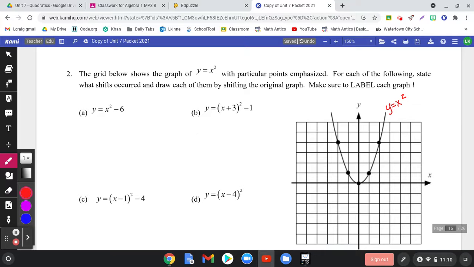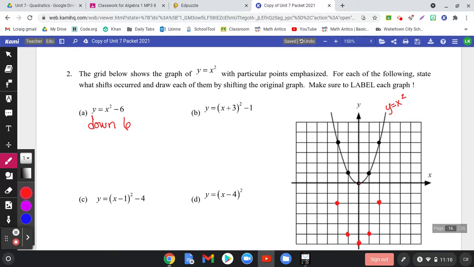So with this one, there's nothing in the parentheses with x, so that means it's just going down 6. So each point gets shifted down 6. So 1, 2, 3, 4, 5, 6. And then these will go down. That's 4, 5, 6.